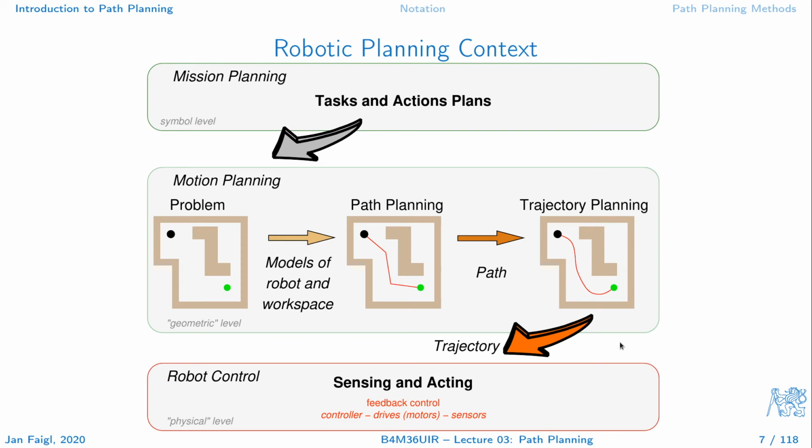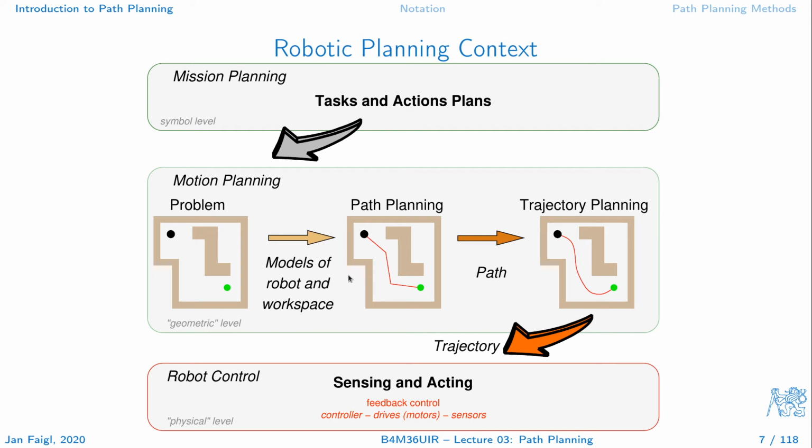And in the robotic context, we can split the planning into mission planning, eventually on the symbolic level as task and action plans, and motion planning, where we can consider this simple classification and horizontal sequencing of the problem as a problem on a geometrical level.